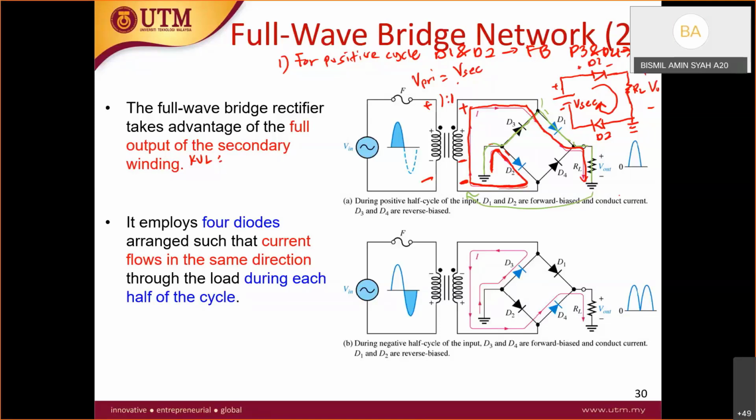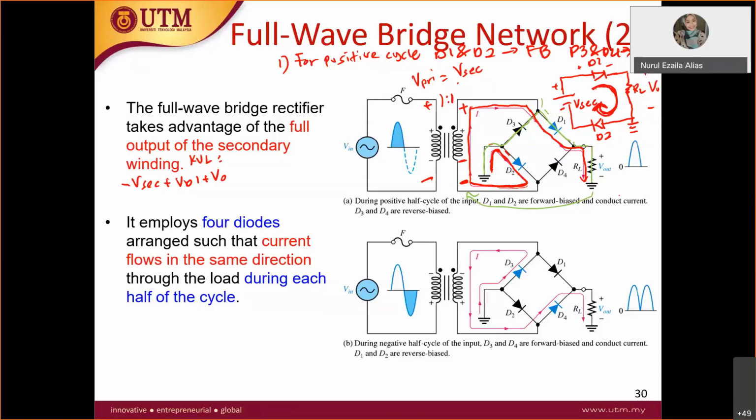Negative V secondary plus VD1 plus V out, and here like this. So this is the loop, students.